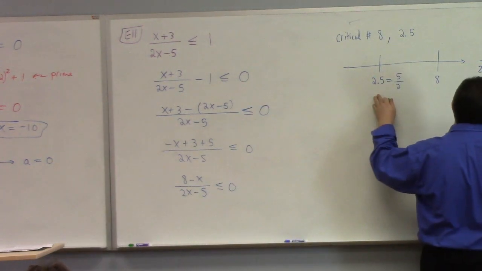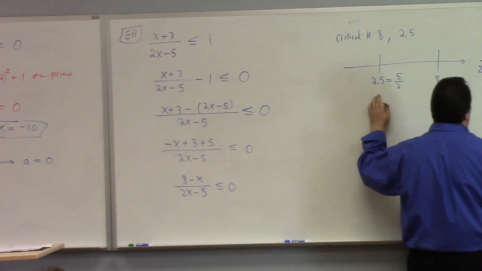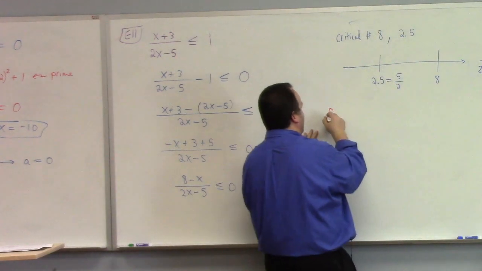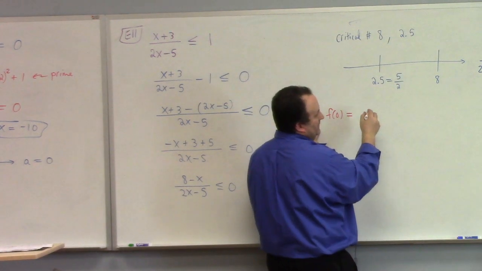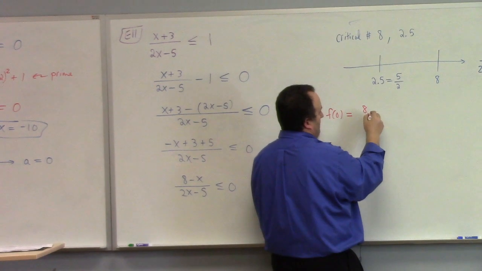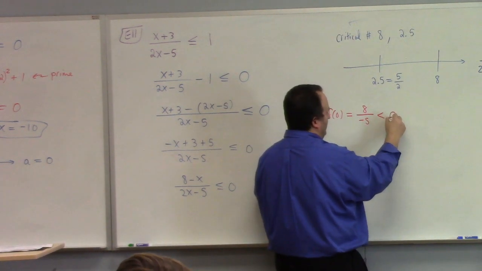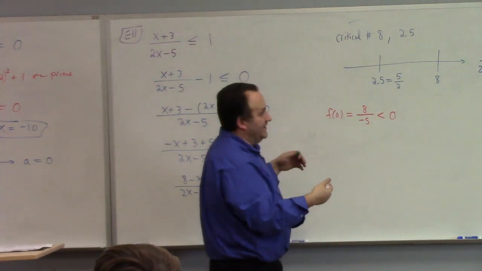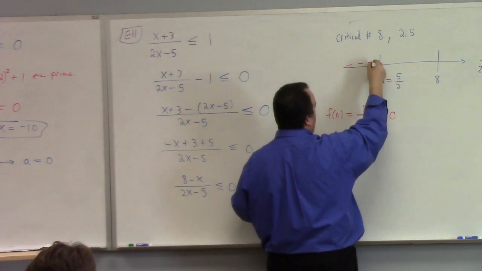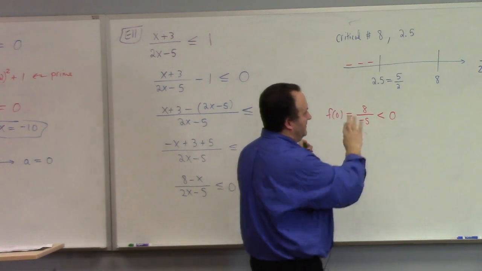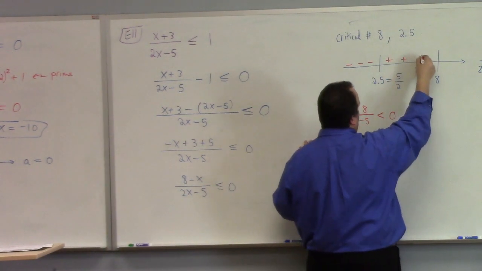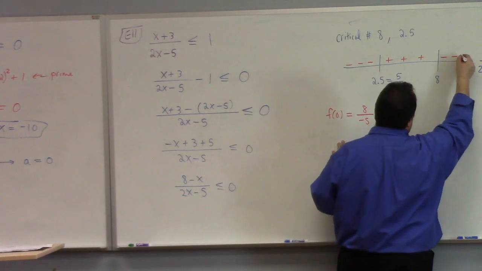Before 2.5, it's the leftmost case. So if this is f of x, what's f of 0? f of 0 is 8 over minus 5, right? So it's apparently negative in that case. So it's minus over here. And it's going to flip to plus in here. And then it flips back to minus over here.